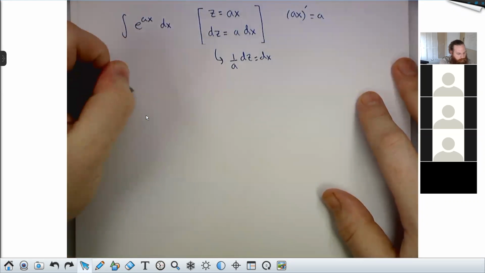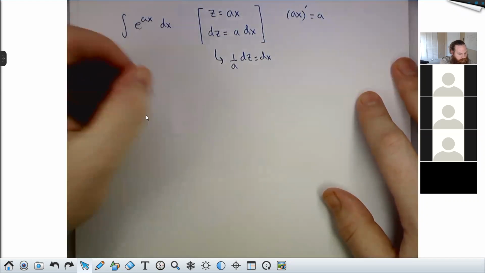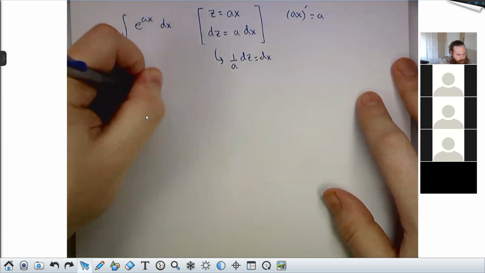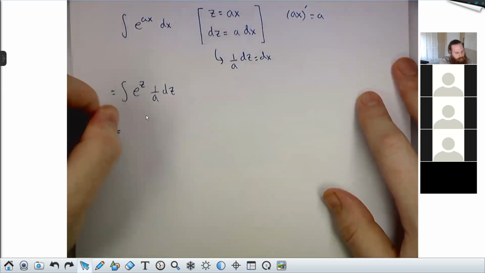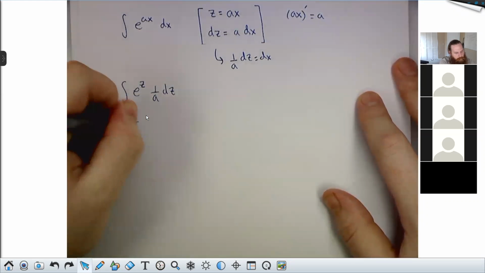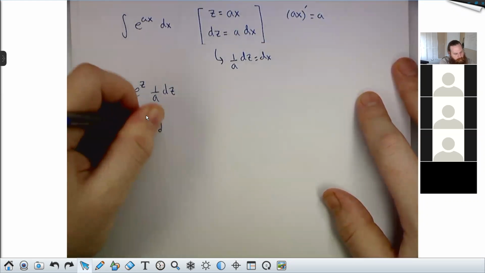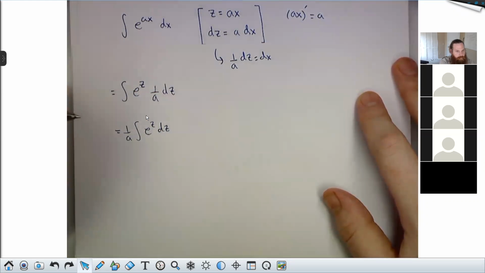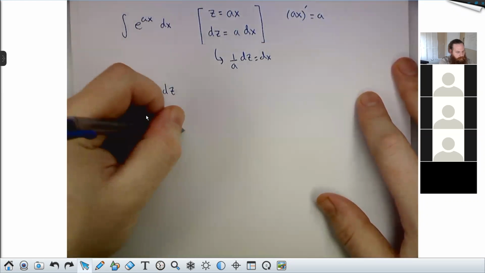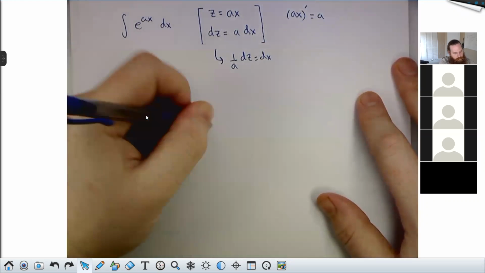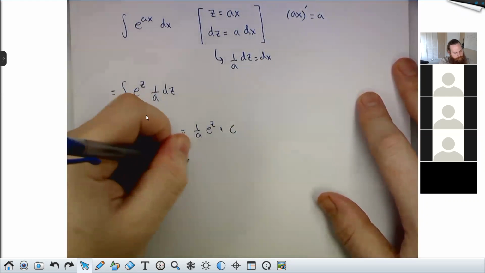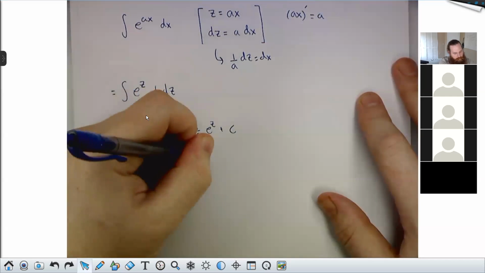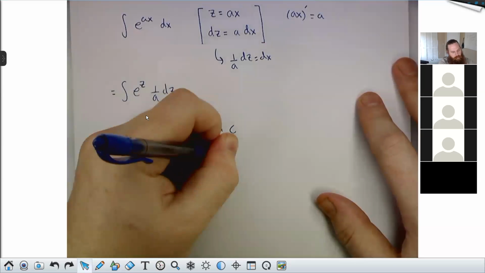So I'll have e to the ax, that's e to the z, times dx, that's 1 over a times dz. And then just like before, I shuffle my 1 over a out front to get this, which is this, which is this.